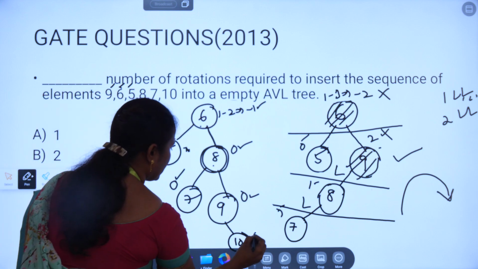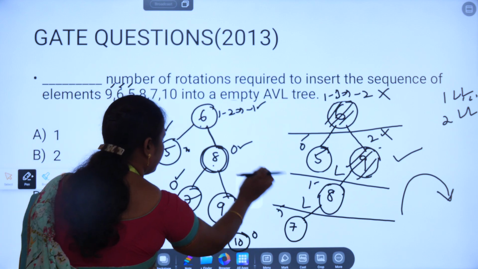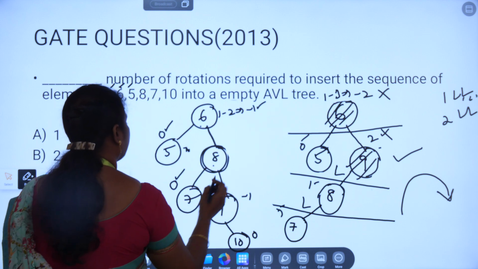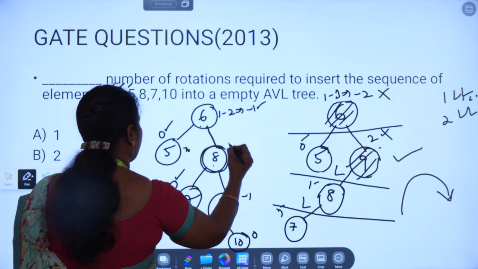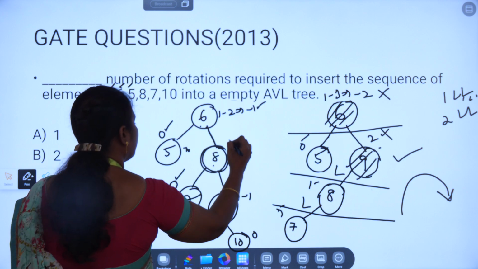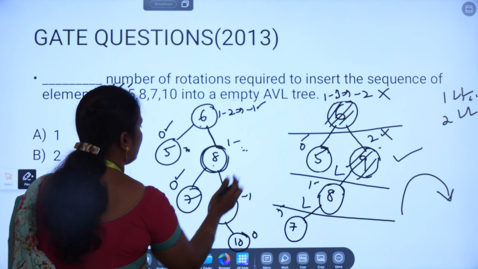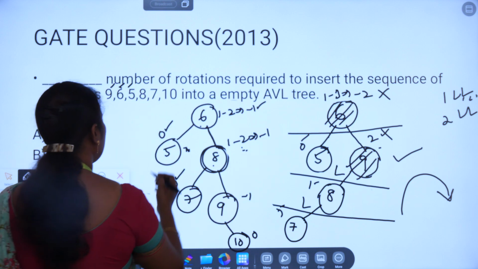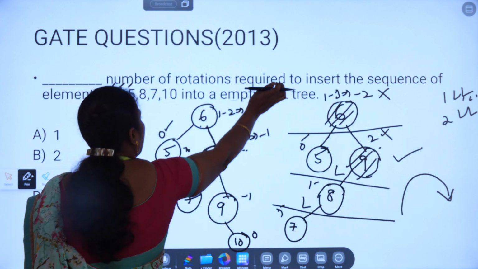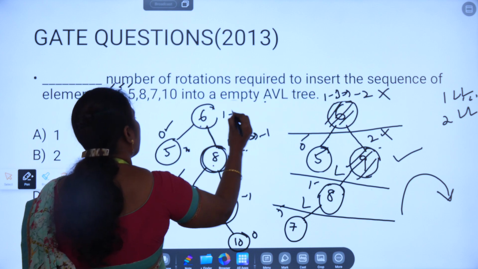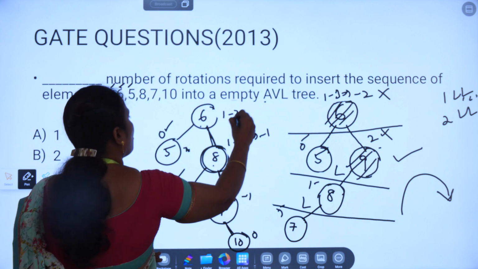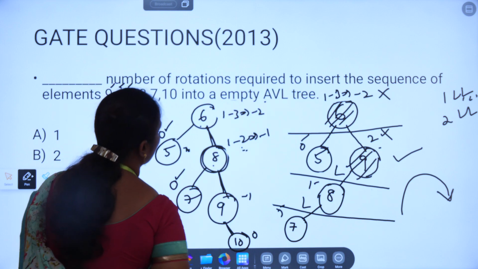Calculate the balance factor: 0, minus 1, 0, 1 minus 2, it is minus 1, 0, and for this 1 minus 1, 2, 3, so 1 minus 3, it is minus 2.